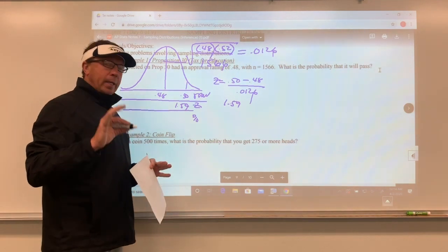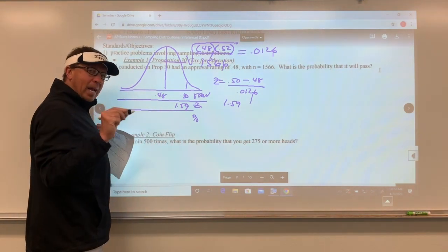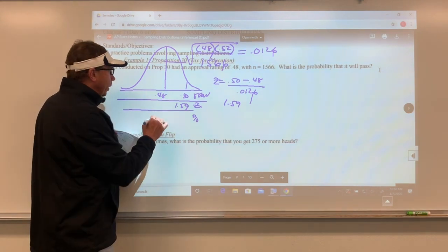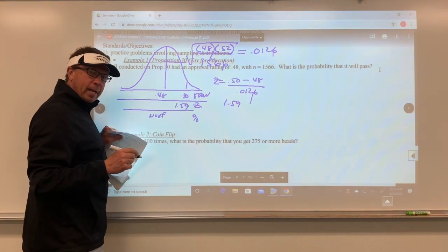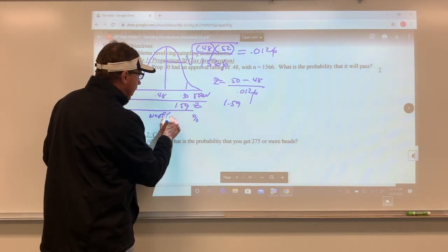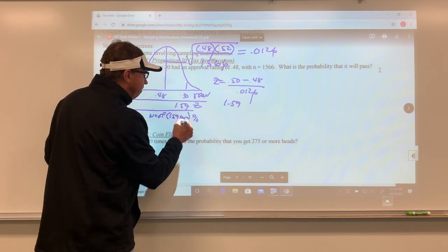I'm not going to show you the calculator work on this because I'm assuming you can do it. But you're going to go to second vars or second distribution, and you're going to go to normCDF. It probably says normal CDF on your calculator. And you're going to type in 1.59, comma, some form of infinity.